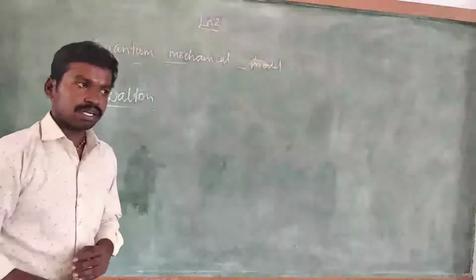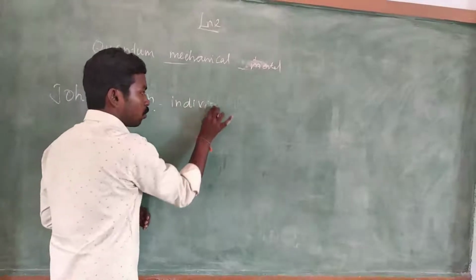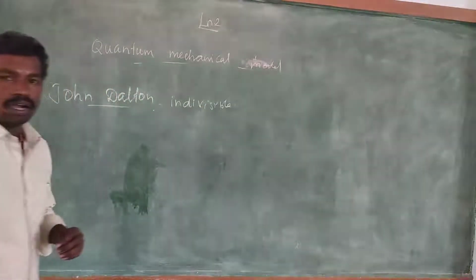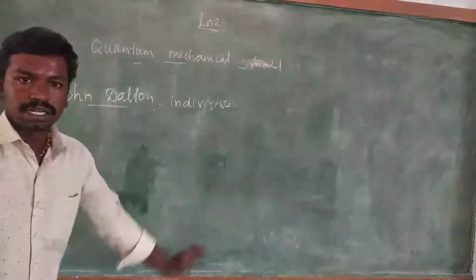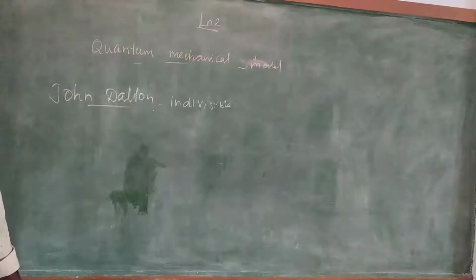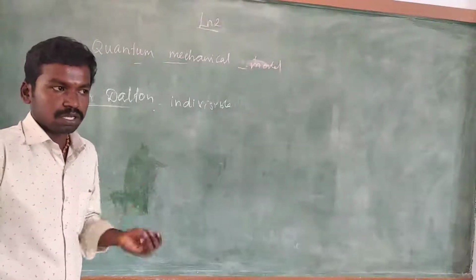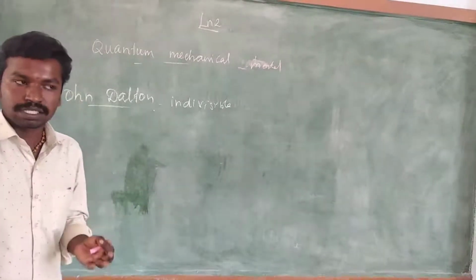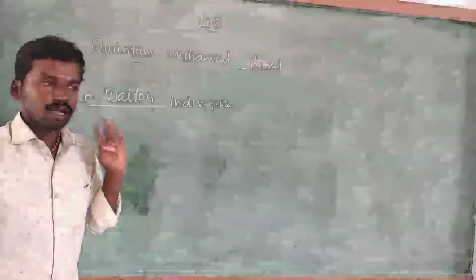According to John Dalton, atoms are considered to be indivisible particles, because at that time the subatomic particles such as protons, electrons and neutrons were not discovered. So he told that atoms are indivisible.